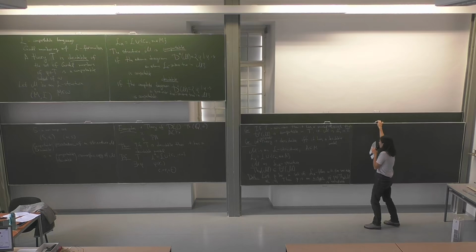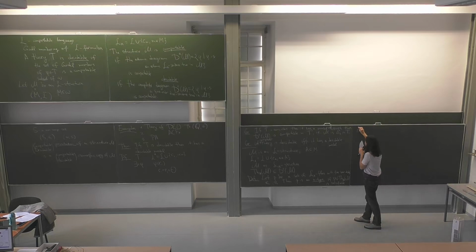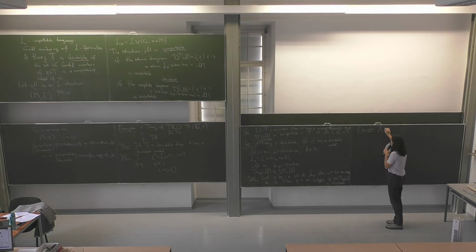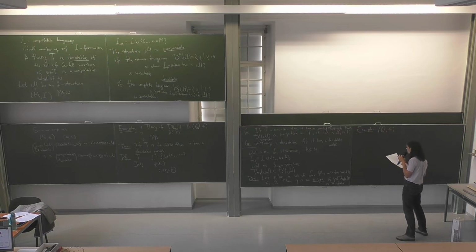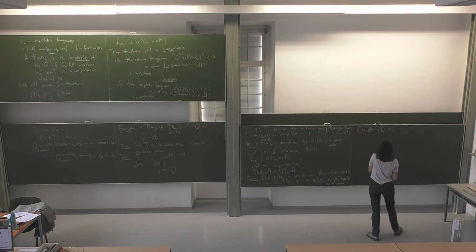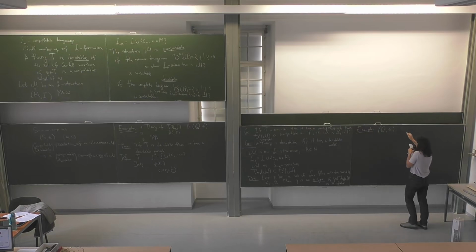So what will be an example? Examples. Let's go back to this Q and less than structure. Okay, so let's say that our set A is just the set omega.